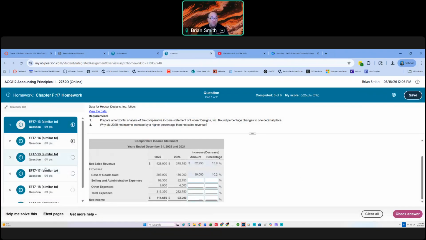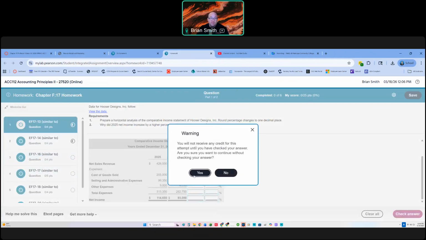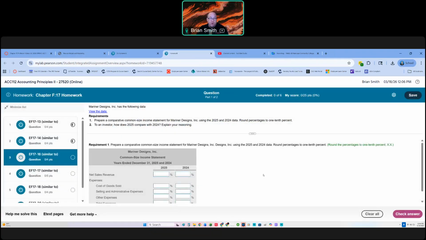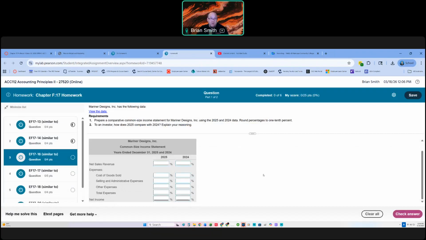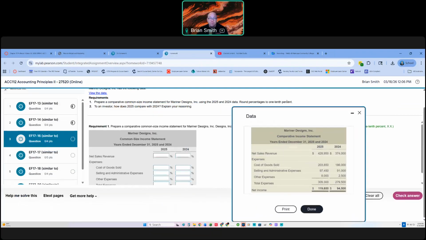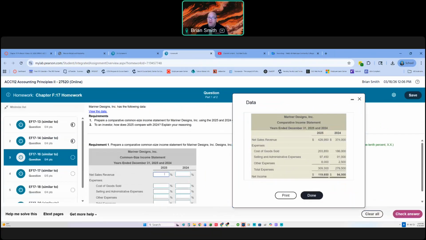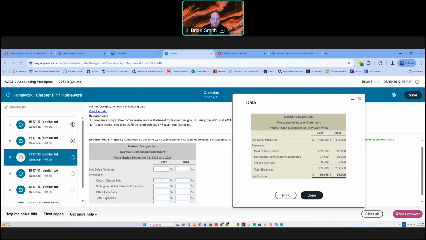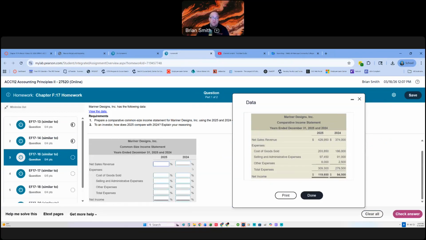All right, let's go to the third problem here, common sizing. We need to view the data here. We're literally wanting percentages, common sizing. So net sales revenue is going to be 100%.